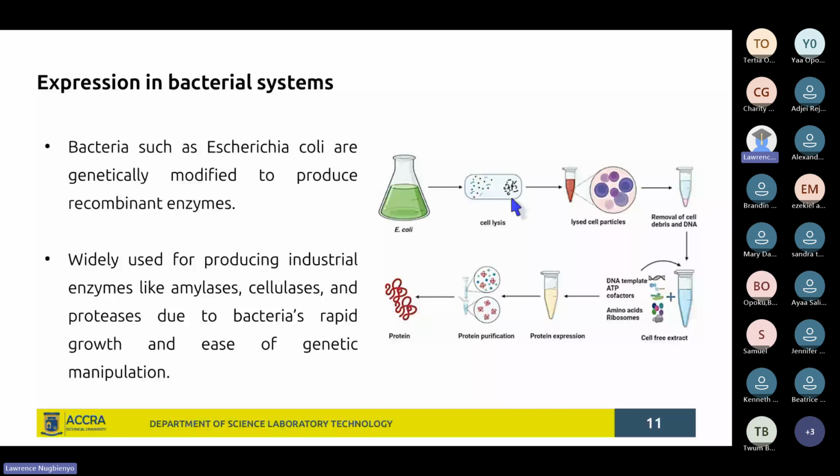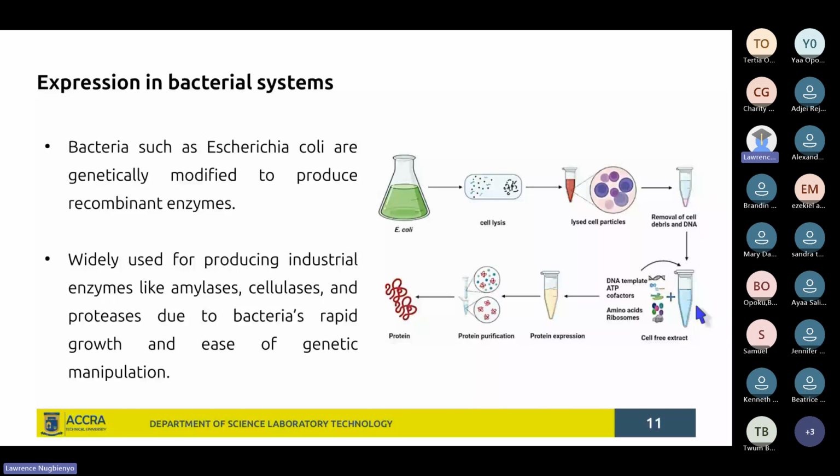And so if you have just a breakdown, what you refer to as cell lysis. So you break down the cells. Such cell lysis can be mechanical. I mean, in the industries, they have mechanical lysis of cells, and they do also have chemical lysis. Then, with processes of centrifugation, all of that, I think you did some of these things in the lab, you are able to have a separation of the broken down material of these cells and the product which you are looking for, which is, say, a supernatant.